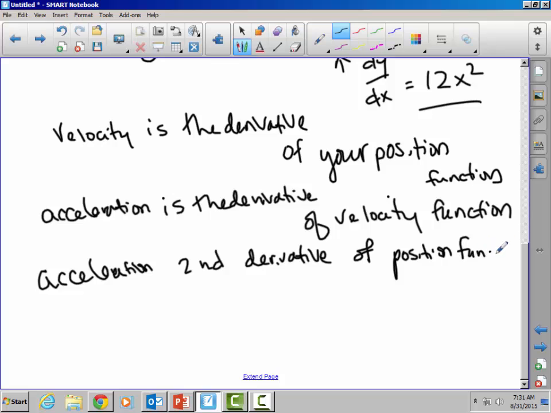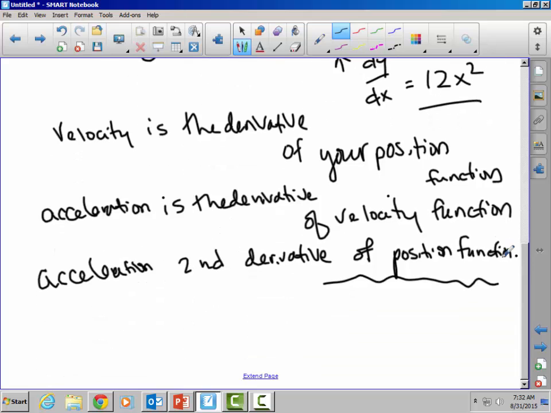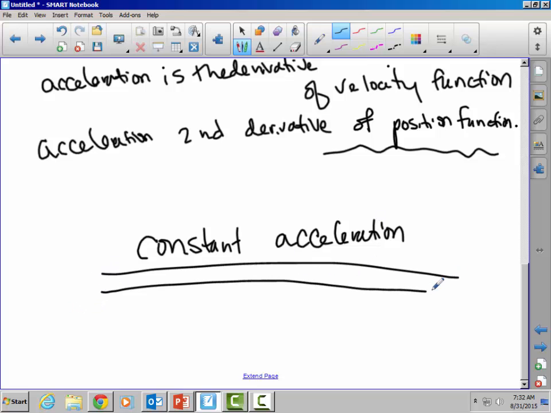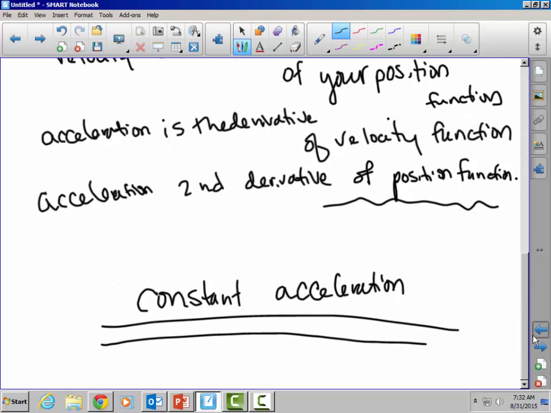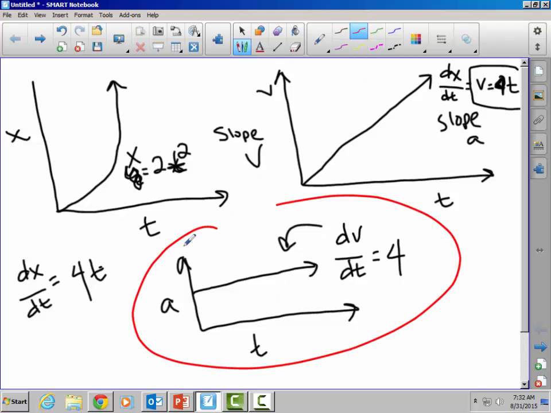But why didn't I do this with you guys last year? Well, number one, you didn't have the math chops yet. And the second thing is that pretty much everything that we did last year dealt with situations that had constant acceleration. For situations where your acceleration is constant, you end up with graphs that look like this.